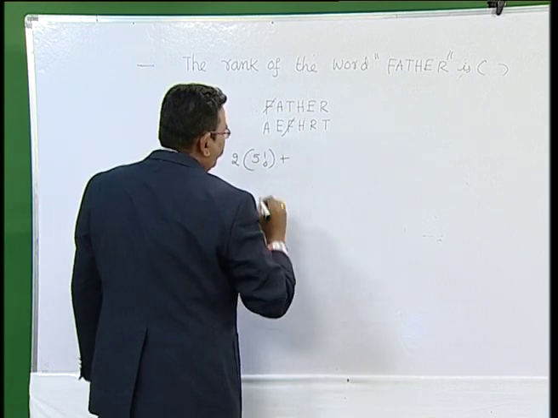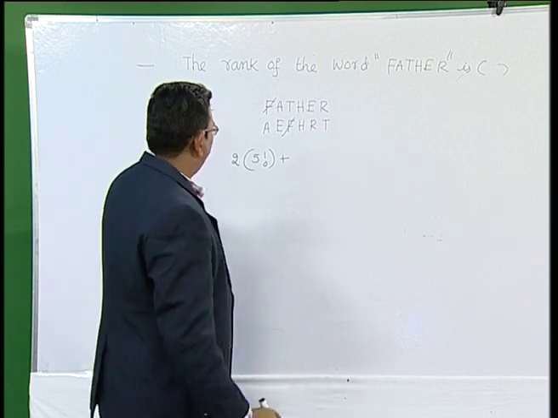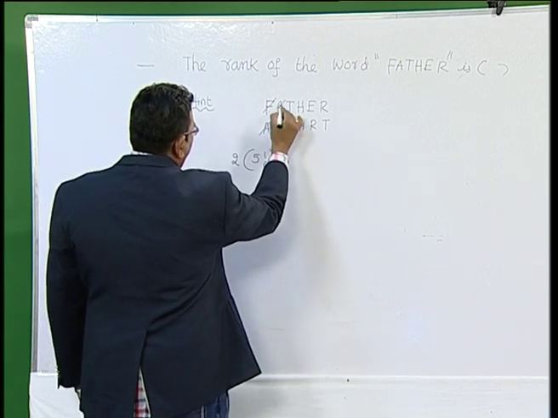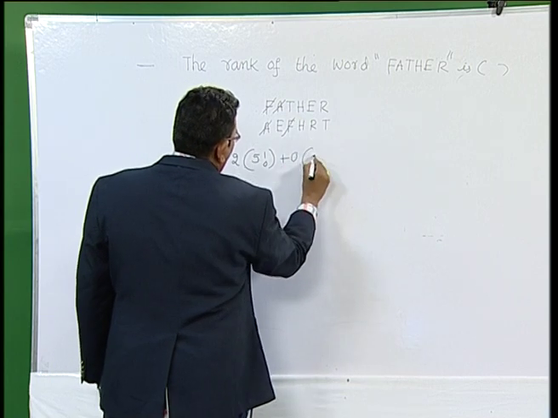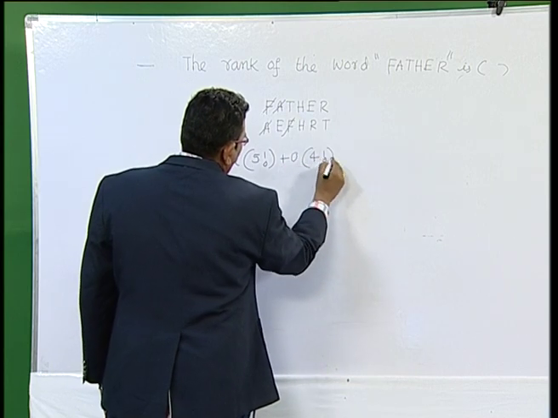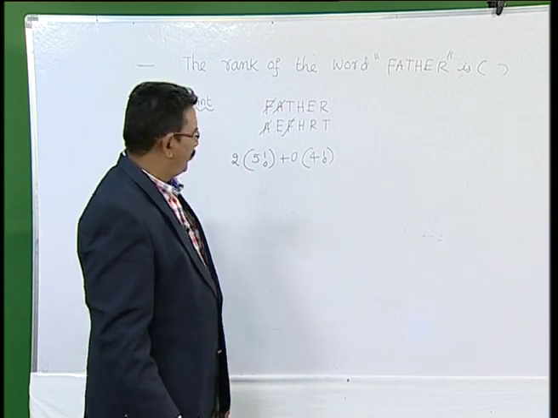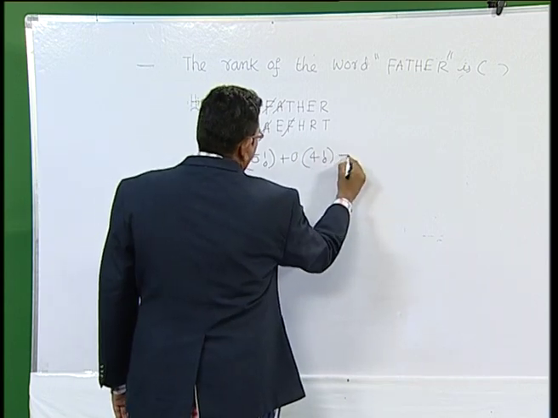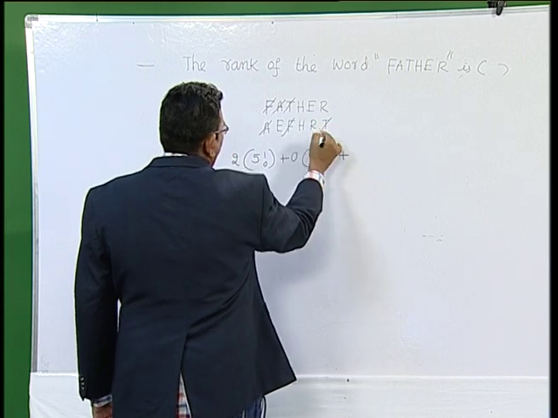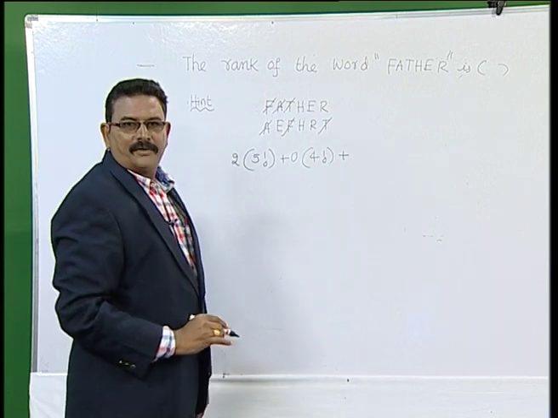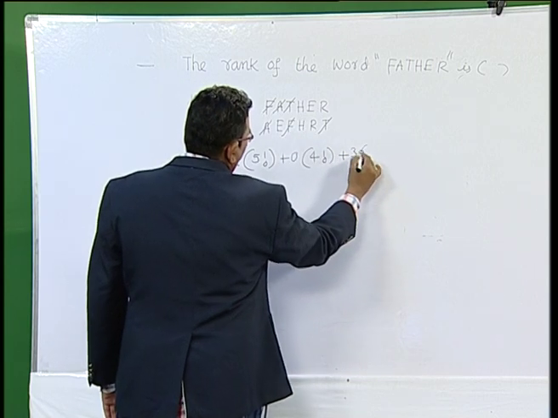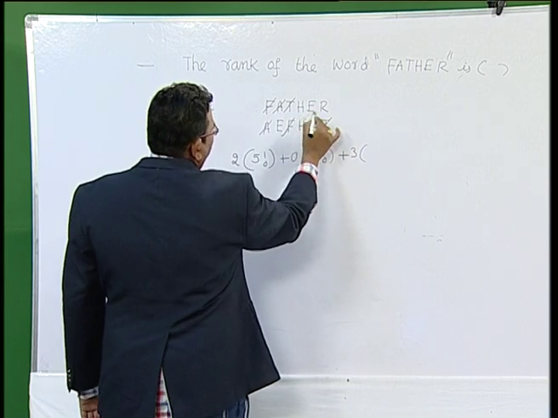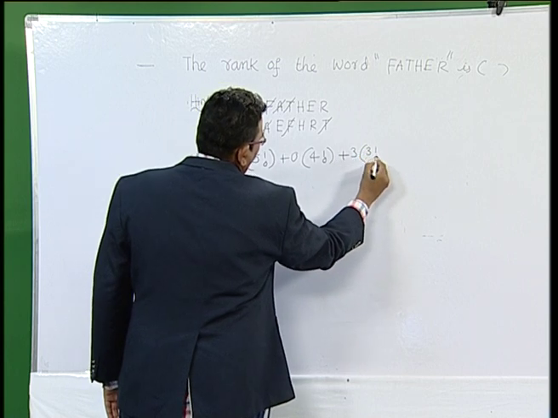Plus, the next required letter is A, cancel. Before A no letter is there, 0, but 4 factorial, you could understand. Plus, the next letter is T, cancel. Before T, how many letters are there? 1, 2, 3. 3 multiplied by 3 factorial, write down.